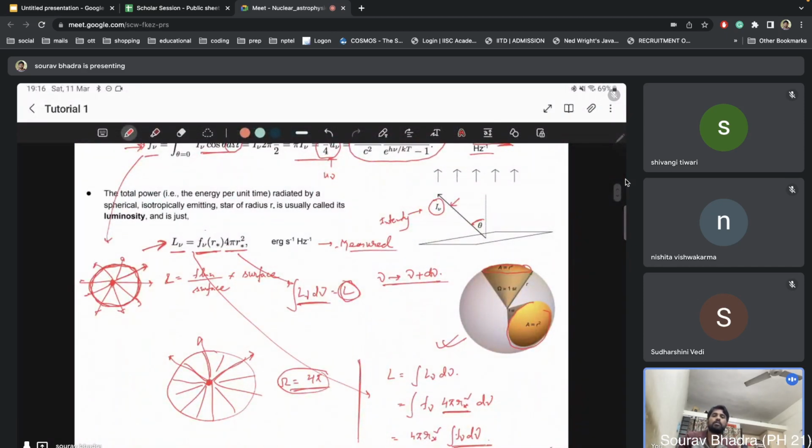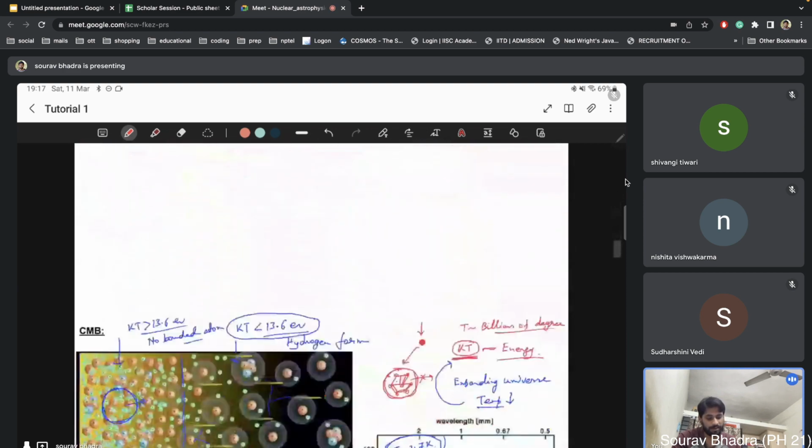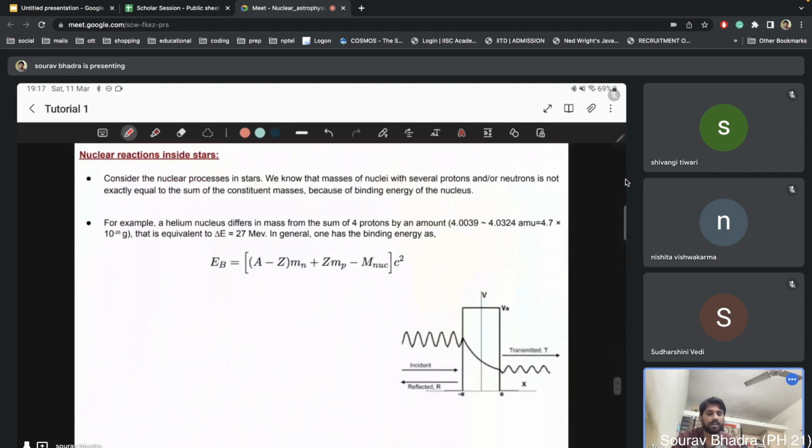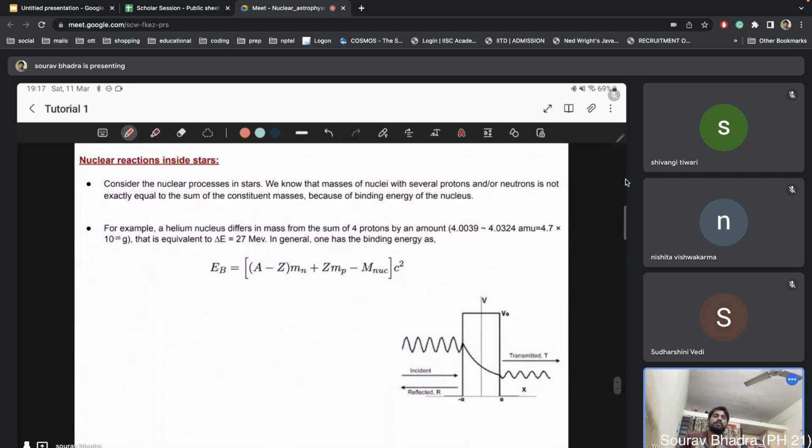So you can ask, what is the source of this luminosity, what is the source of this energy? The source is mainly the nuclear reaction inside the stars. When a nuclear reaction happens, it will release some energy, and that energy will come out of the sun or the star. That is the luminosity of the star actually.